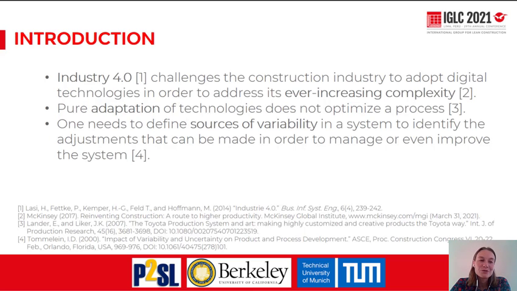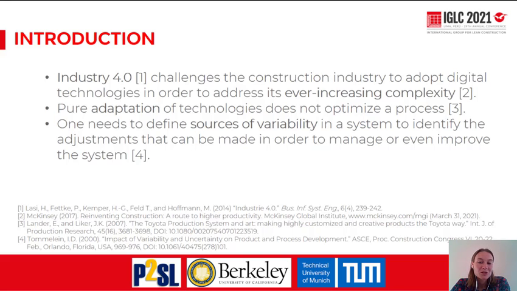We start with the Industry 4.0 expression. This is first mentioned in the German high-tech strategy plans for 2020, and it is characterized by the implementation of a digitalized production. A key lesson from lean production is, however, that a pure adaptation of technologies does not optimize a process.